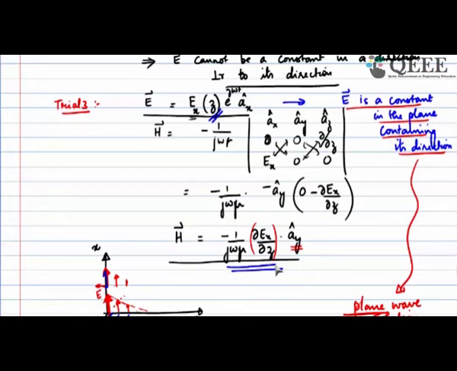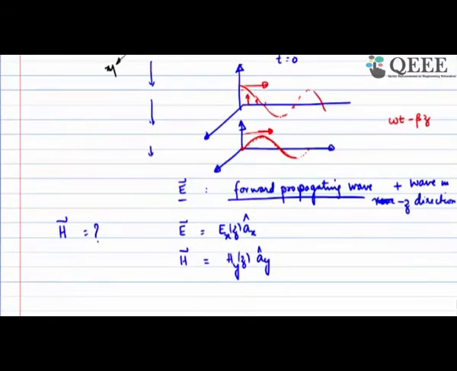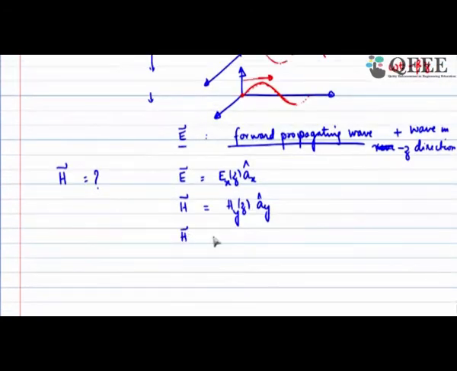And what is the y component? It is minus 1 by j omega mu del Ex by del z. So my H is minus 1 by j omega mu del Ex by del z, in the Ay direction.